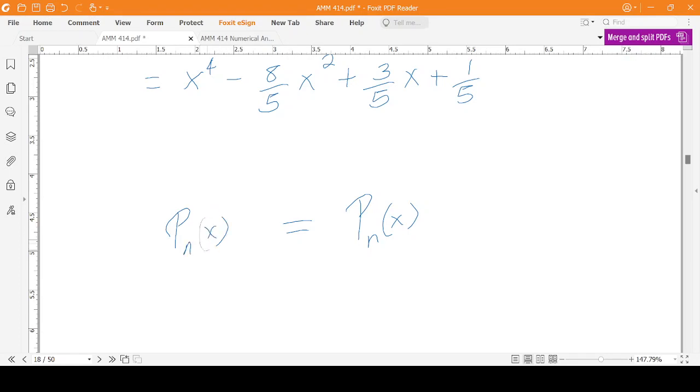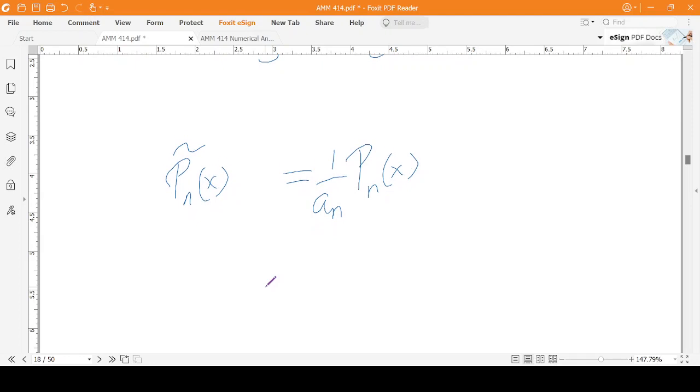The associated monic polynomial, Pn tilde of x, is obtained by dividing Pn by a subscript n, where a subscript n is the coefficient of x raised to power n. So this polynomial is now a monic polynomial.